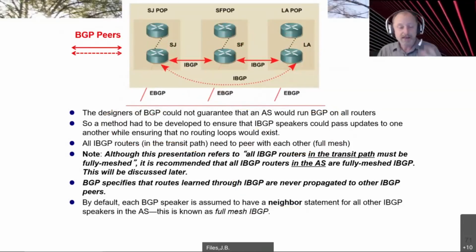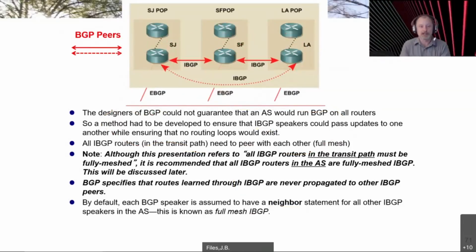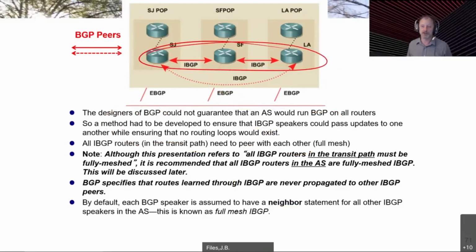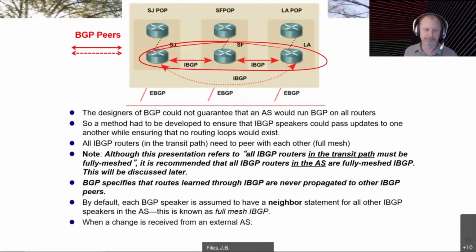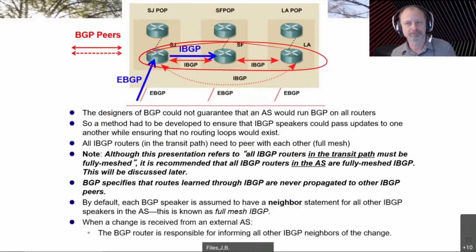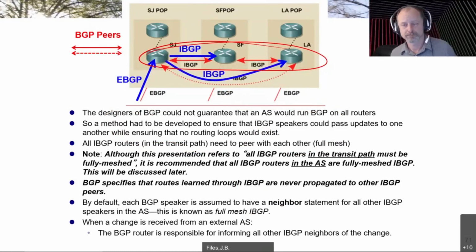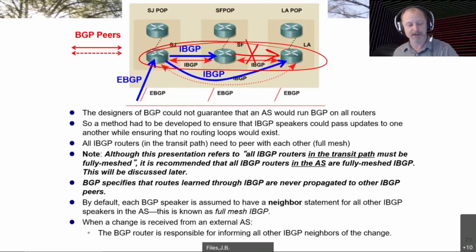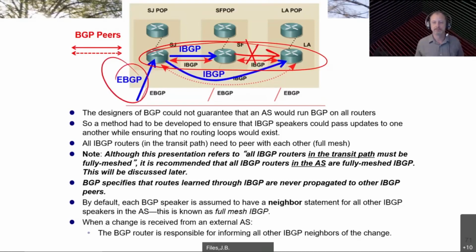So again, the internal network isn't fully meshed. It's just all of your iBGP routers are fully meshed to each other. So again, no iBGP advertisement of that.